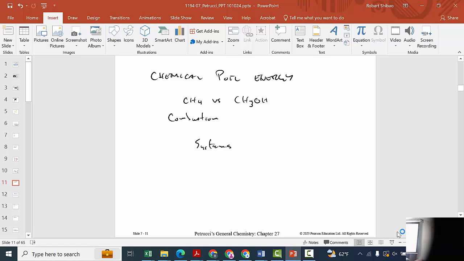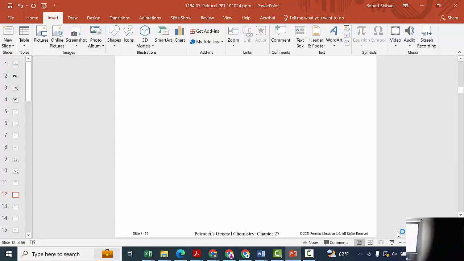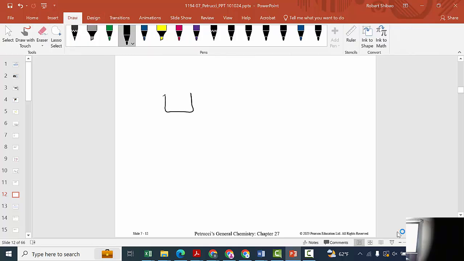So the first system we're going to look at will just be 50.0 grams of water at 100 degrees C. What happens if we remove energy from this?